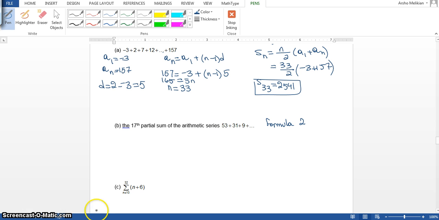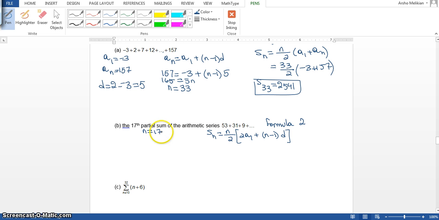For formula 2, the formula is Sn is equal to N over 2, 2A1 plus N minus 1 times D. Because I'm looking for the 17th partial sum, N is equal to 17.